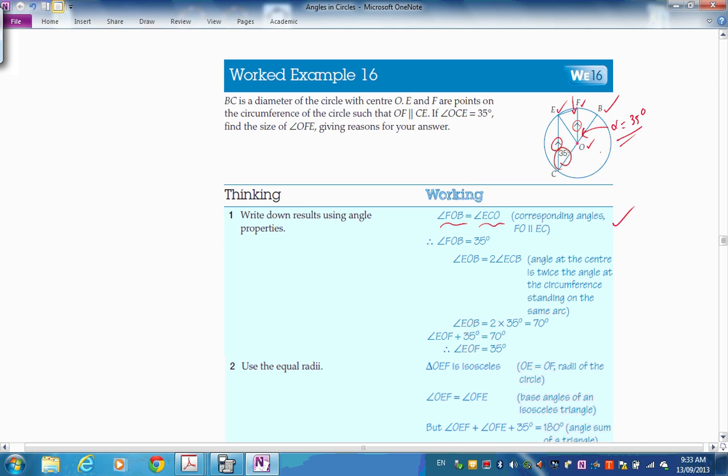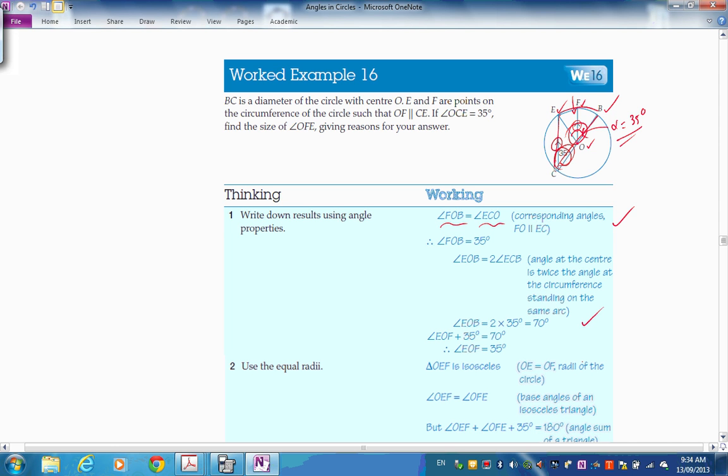Now, EOB, that one there, is twice 35, isn't it? Because it's sitting on the same arc. So this angle in here is 70, right? Because angle at the centre.